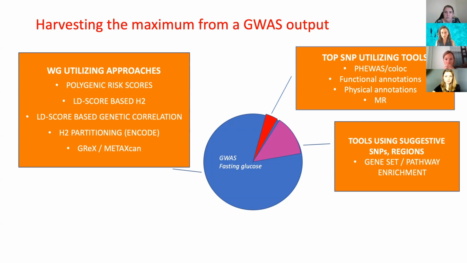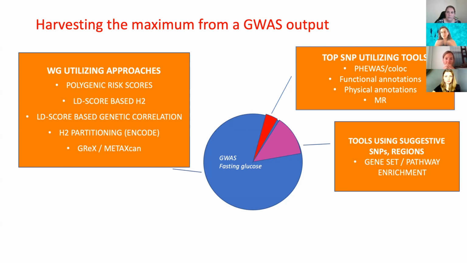If you think of your genome-wide association study output table as a pie chart, a very small fraction of these results will be significant, and you will present them as, okay, these are the genetic variants that significantly associate with my phenotype. So the chance of that is less than 5 times 10 to the minus 8, right? I'm sorry for this pie chart, which is very disproportional.